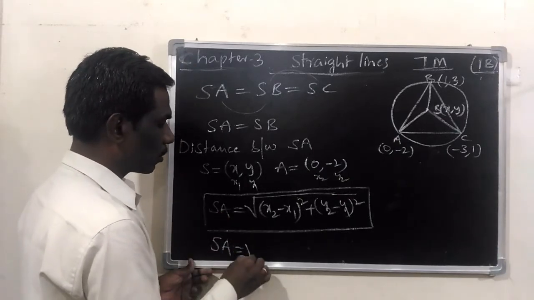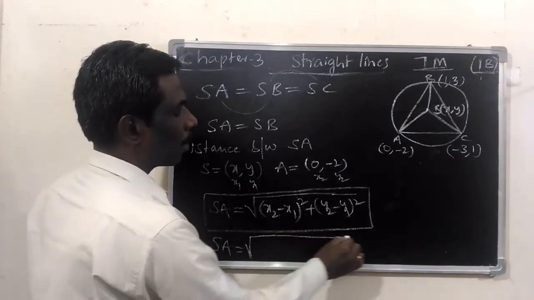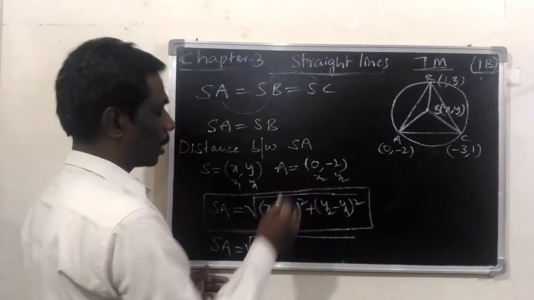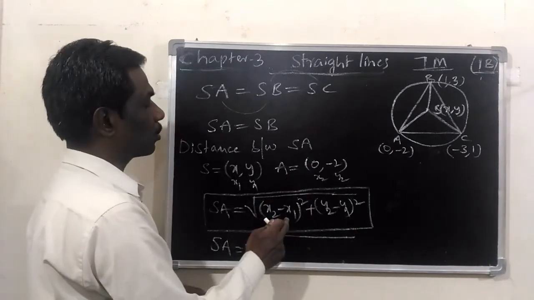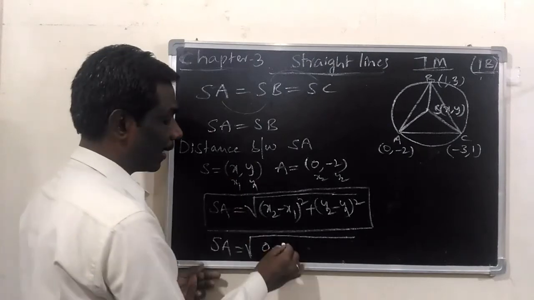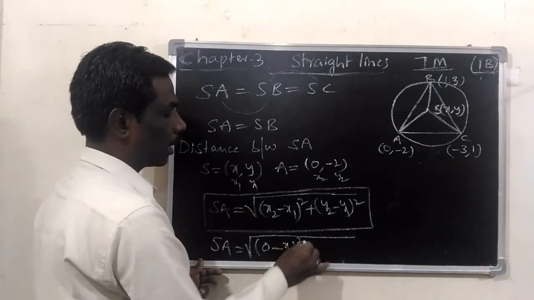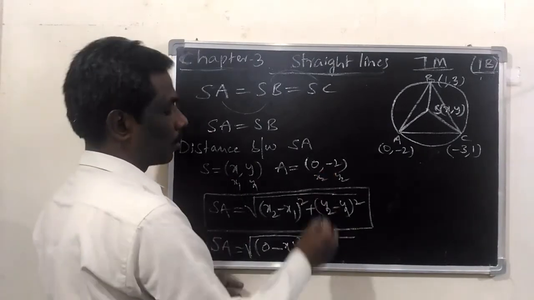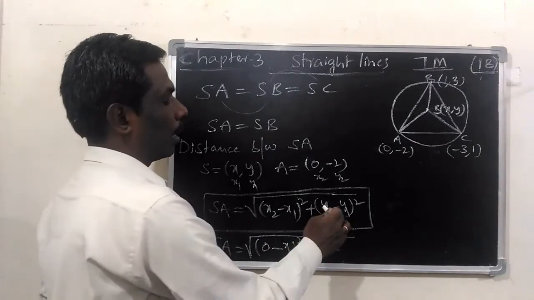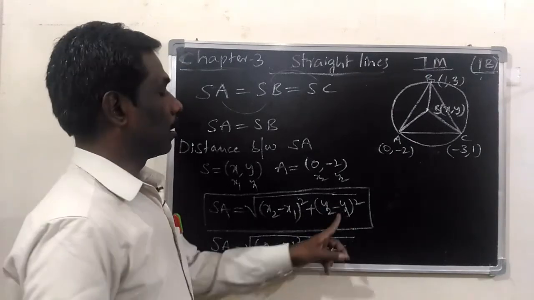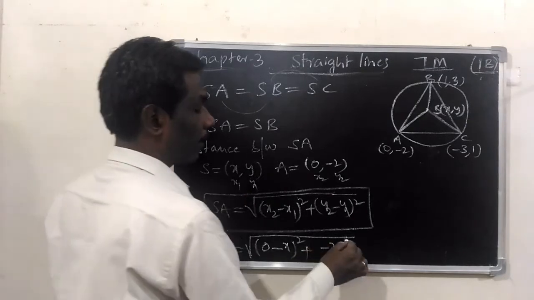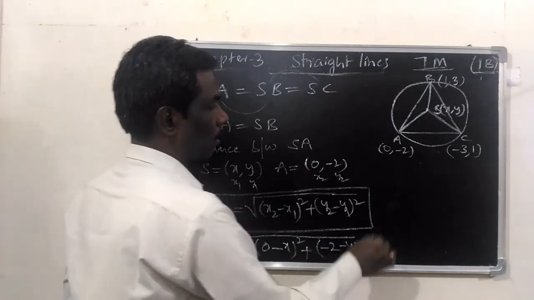SA is equal to under root of x2, which is 0, minus x1, which is x, whole square, plus y2, which is minus 2, minus y1, which is y, whole square.